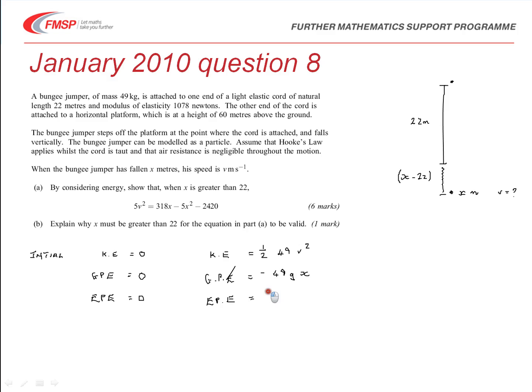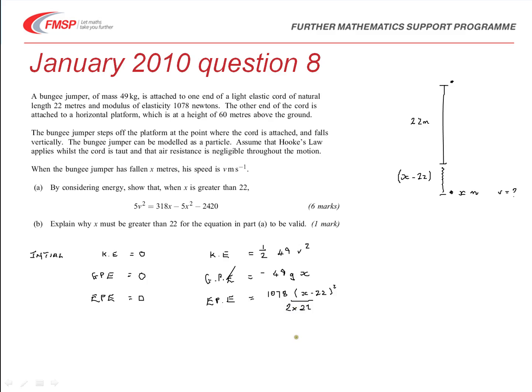So the modulus of elasticity lambda is 1078. The extension is not x, but x minus 22, so that has to be squared, all over the natural length, which is 22, multiplied by 2, because remember it's over 2L.